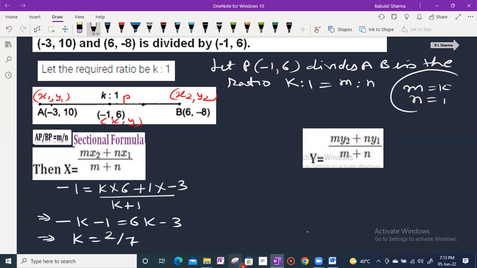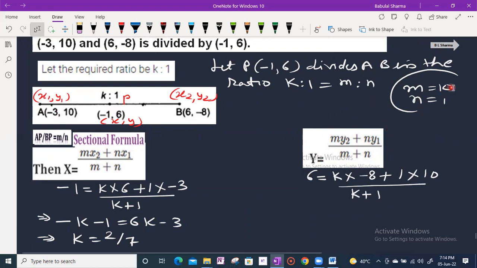In this also, for the y coordinate, what is the value of y? y is 6. So putting y is equal to 6, m is equal to k, y2 is -8, n is 1, and y1 is 10, divided by k plus 1. k की जगह, हमने m की जगह k लिया है, and in place of n we are writing 1 here.